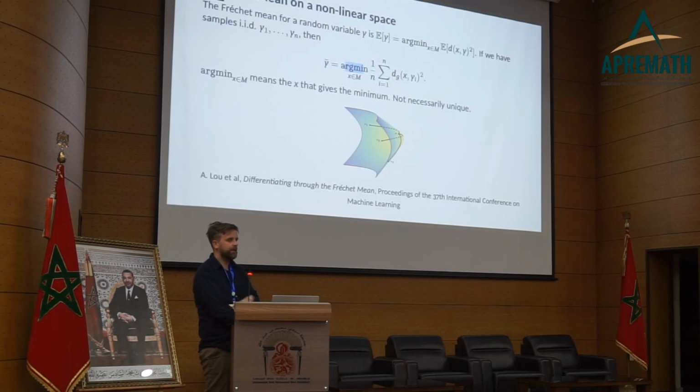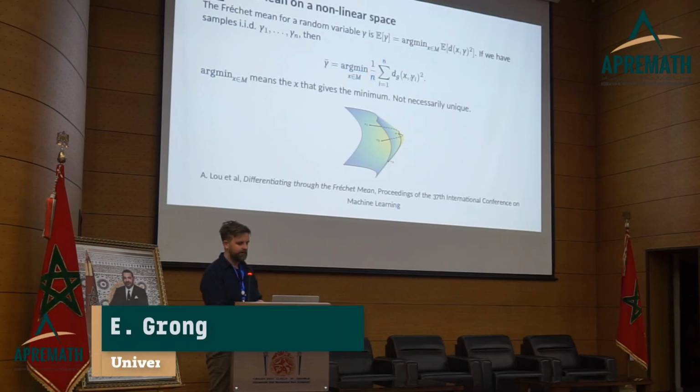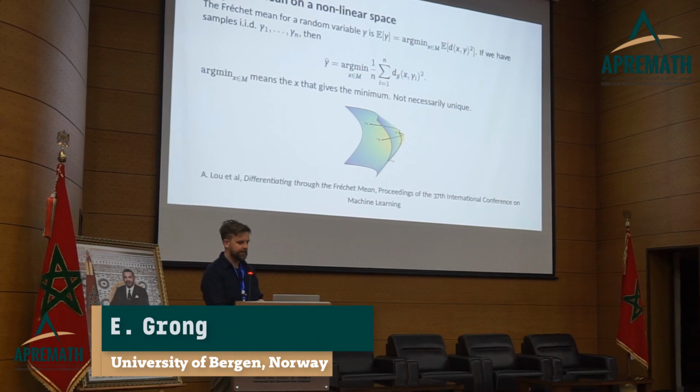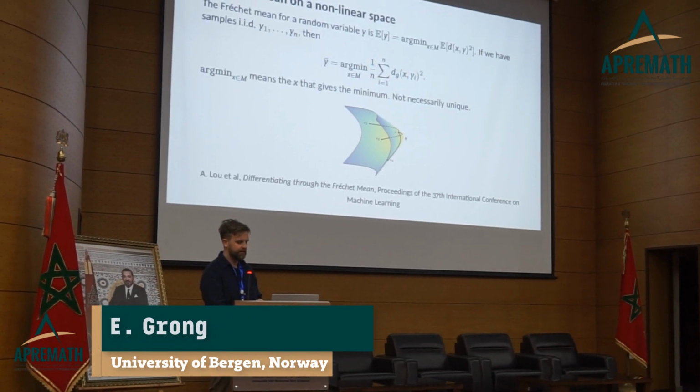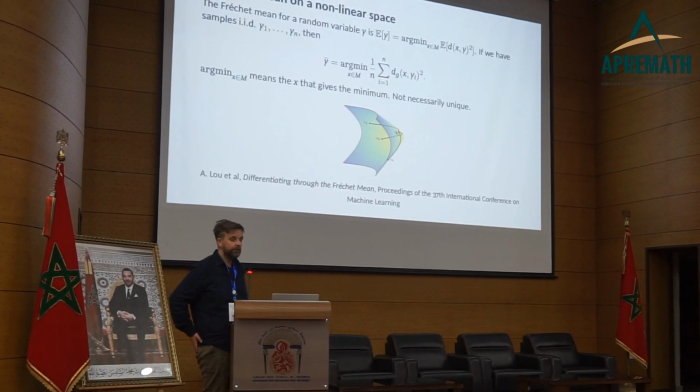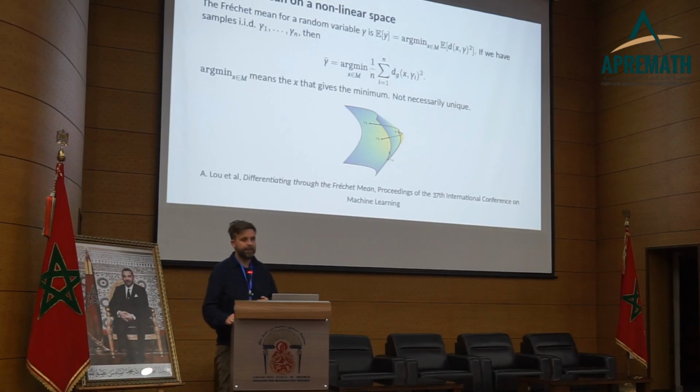So argmin means that I'm not taking the minimum, I'm taking the x that gives me the minimum. In other words, the mean is the point that minimizes all of the distances squared combined. And this is the same as the usual mean in Rn. I didn't change the definition for flat spaces.